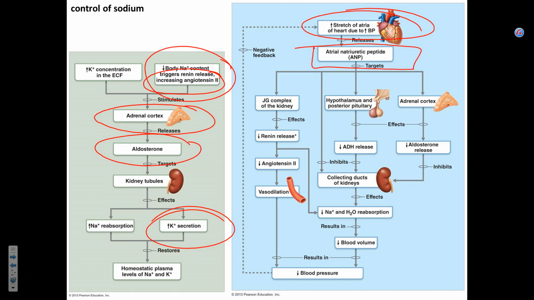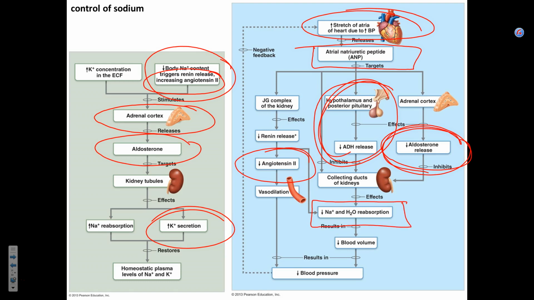Now that leads to inhibition of ADH release, inhibition of aldosterone release, and inhibition of angiotensin II release. So angiotensin, look, can you see that? So ADH and aldosterone both can regulate reabsorption of water and sodium.